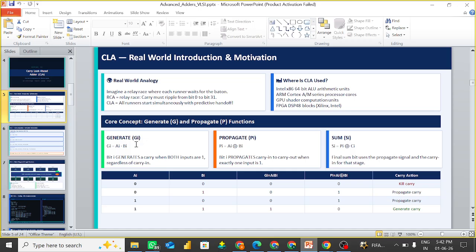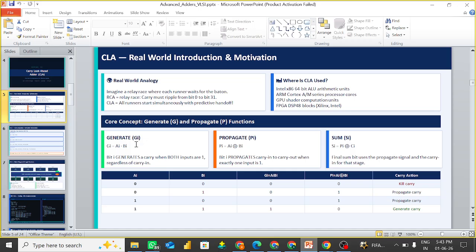Okay, so the condition becomes: for the generate signal to generate a carry in, it will only generate when both of your inputs are one. So what does the generate signal say? The generate signal is going to say whether your inputs are generating a carry.